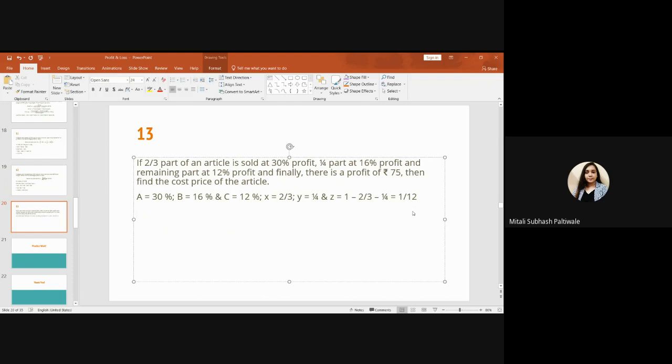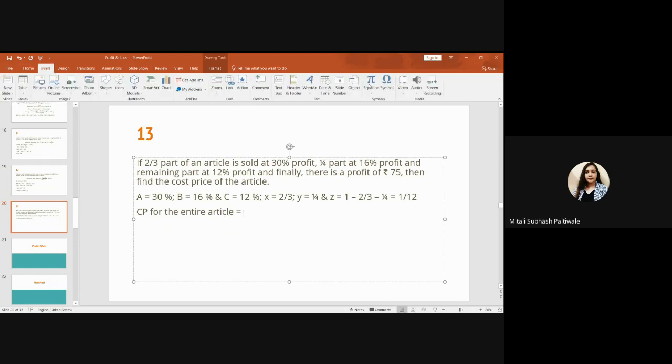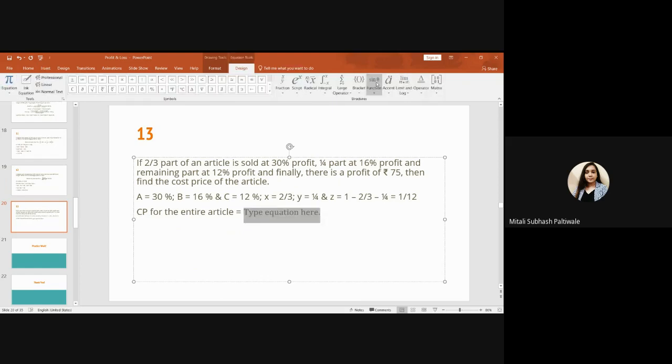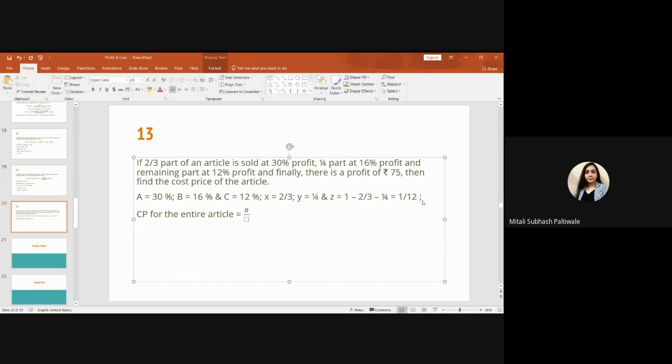Now let's see. Here there is again a direct formula. CP for the entire article is equal to R into 100 divided by AX plus BY plus CZ. Here R is 75 rupees. I forgot to put it down, but I'll be putting it down here now.